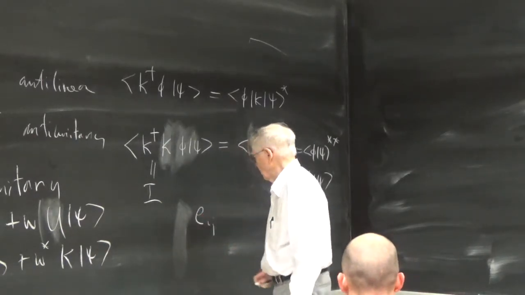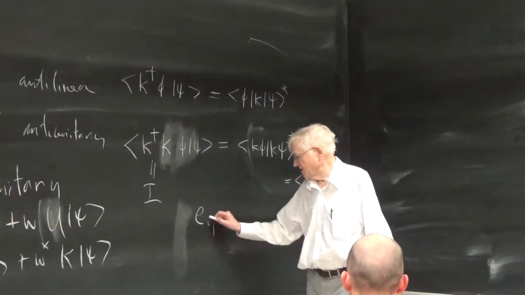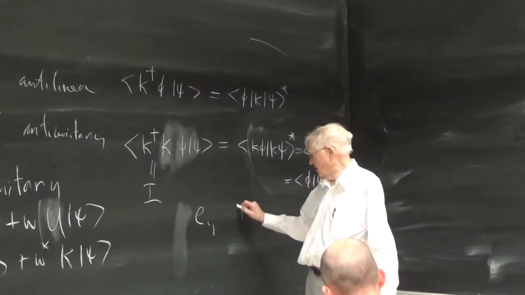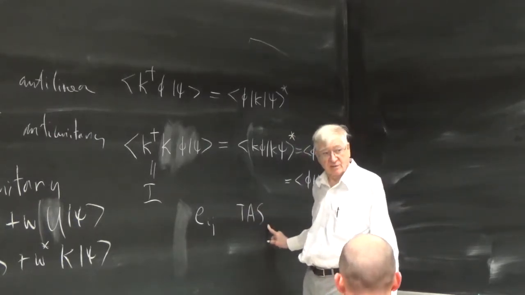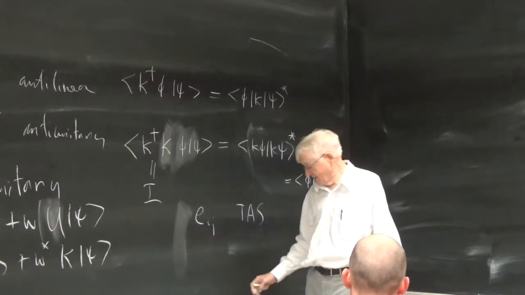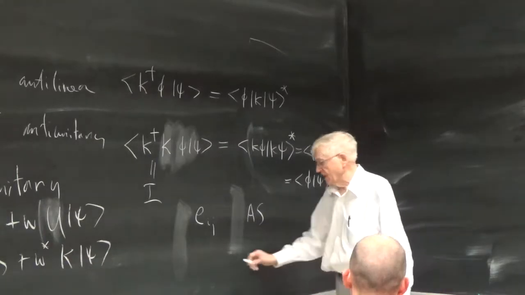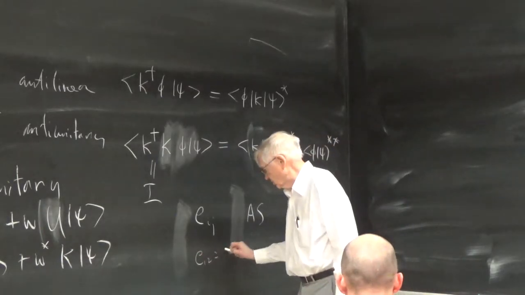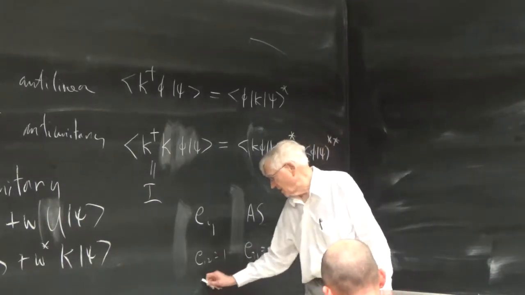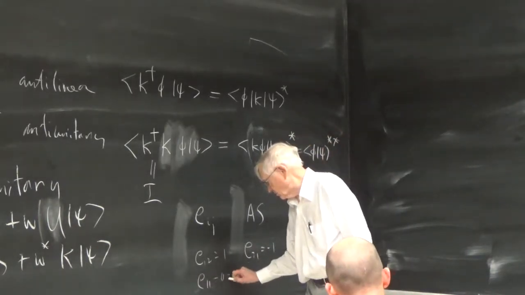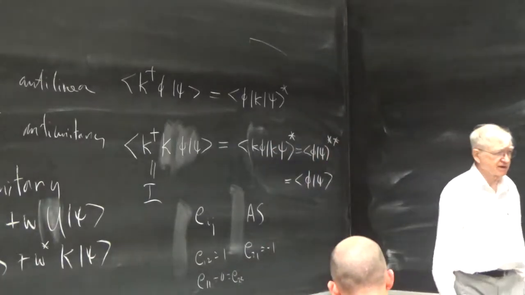Epsilon ij is antisymmetric. Epsilon 1,2 is equal to 1. Epsilon 2,1 is equal to minus 1. Epsilon 1,1 is 0, which is the same thing as epsilon 2,2, because it's antisymmetric.